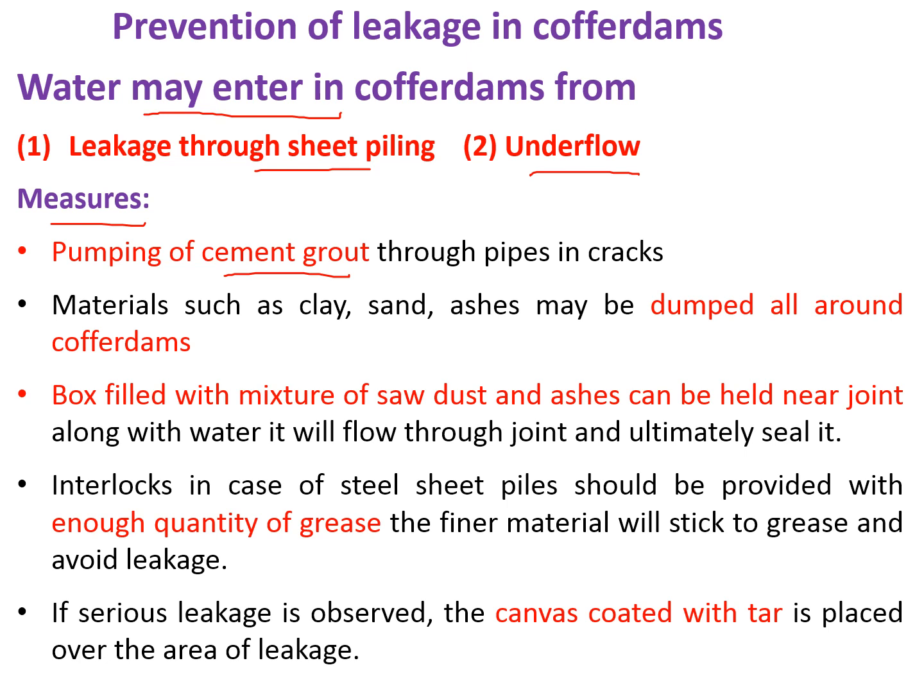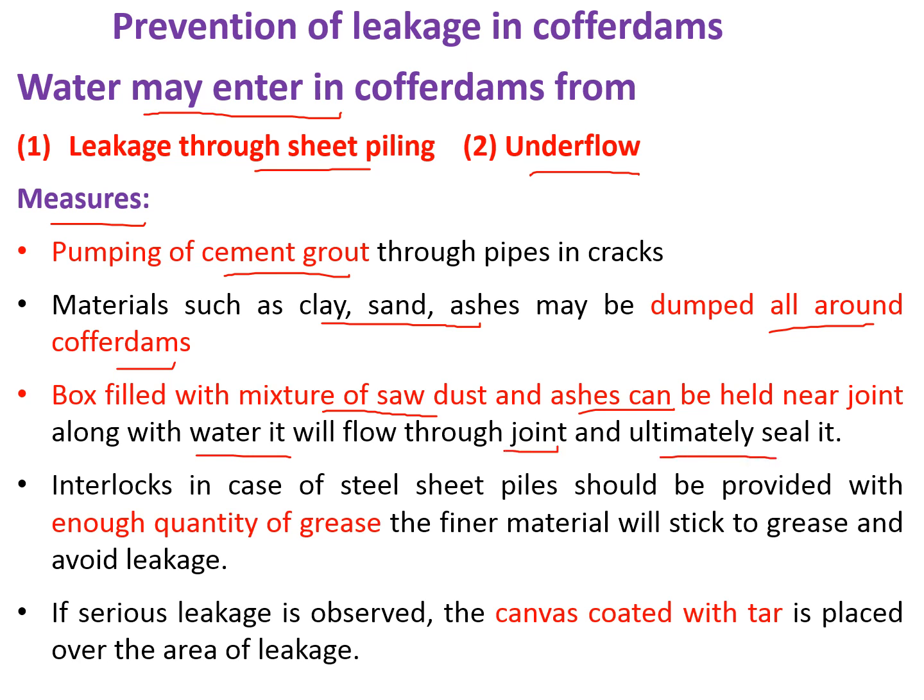Materials such as clay, sand, ashes etc. can be dumped all around the cofferdam. Then you can take a box filled with a mixture of sawdust and ashes, which can be held near the joint along with the water, and it will flow through the joint and ultimately seal it.